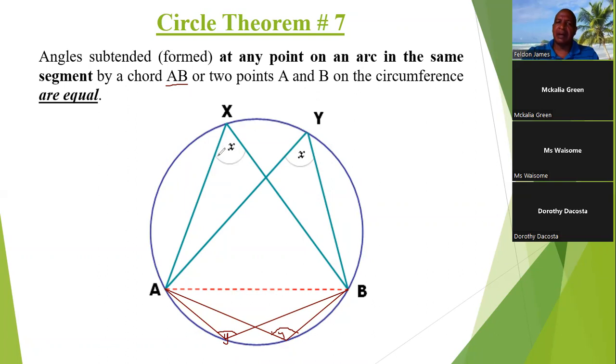Which segment are the angles above in? The larger segment, sir. The larger segment. So both of these angles are in the large segment. Down below, both of the Y angles are in the smaller segment.